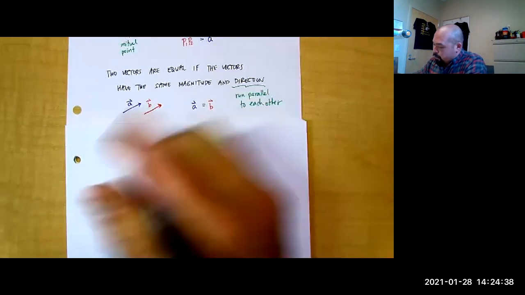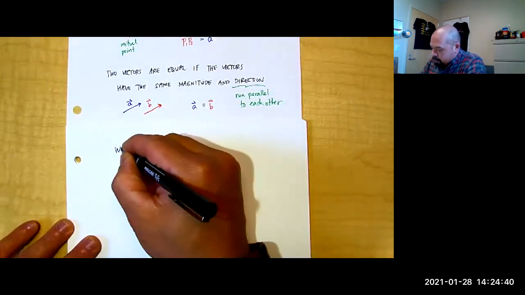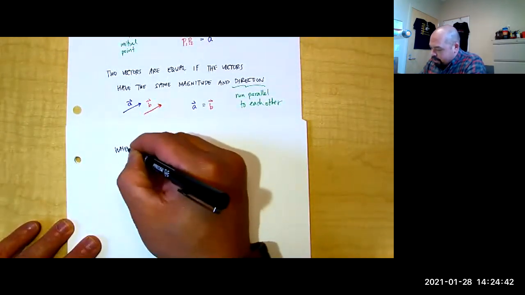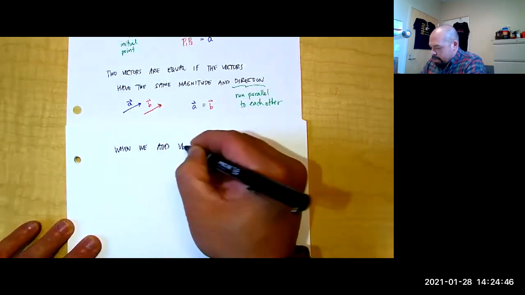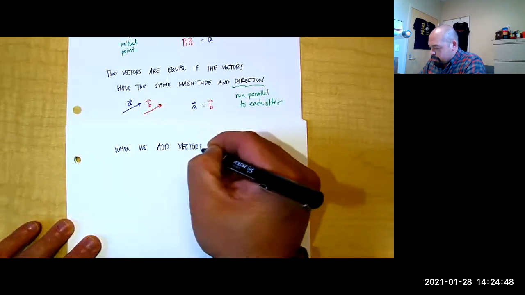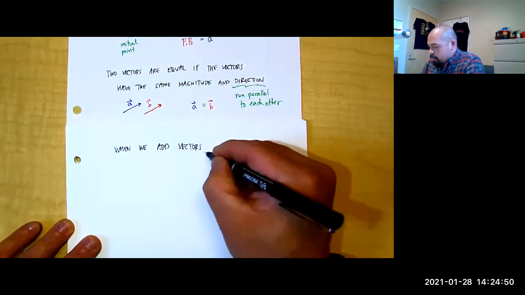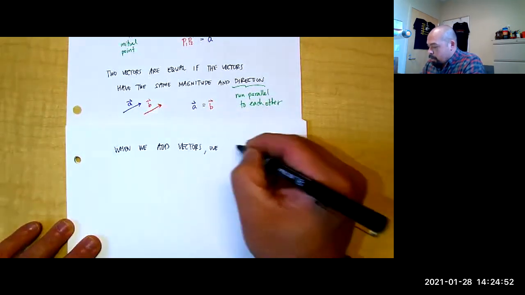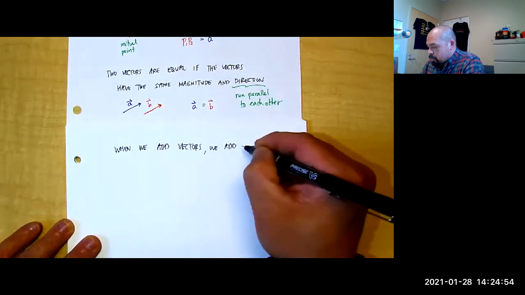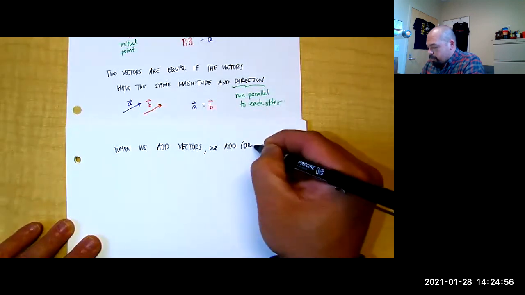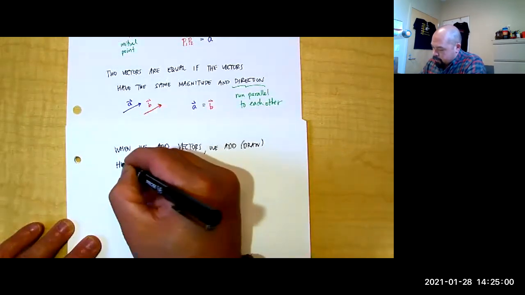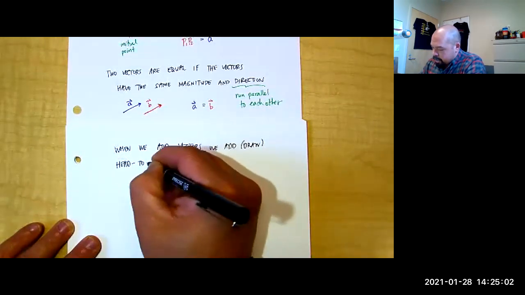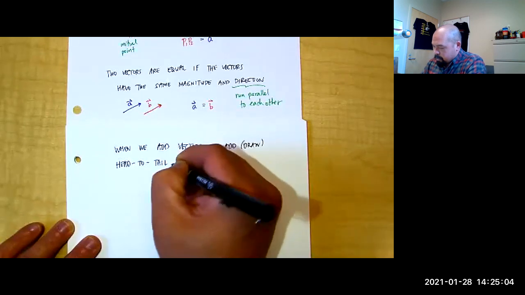And so when we add vectors, going through some of these operations, when we add vectors, we draw them head to tail, right?